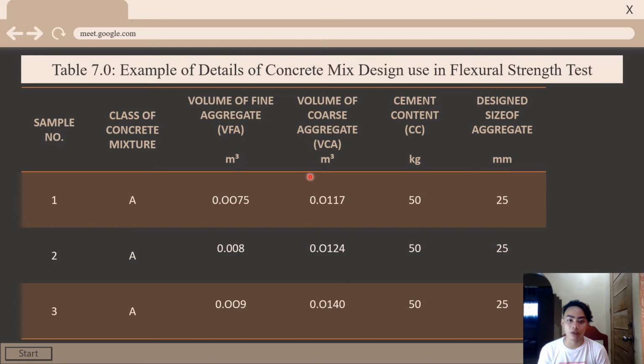We will get the volume of the coarse aggregate for sample number 1, which is 0.0117 cubic meters. For sample number 2, we will get 0.0124 cubic meters. And for sample number 3, we will get 0.0140 cubic meters.